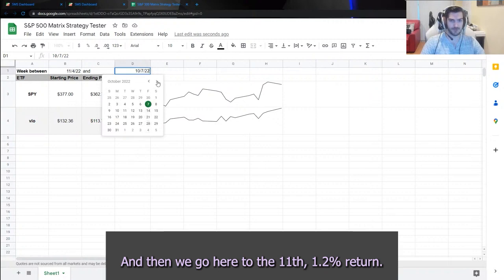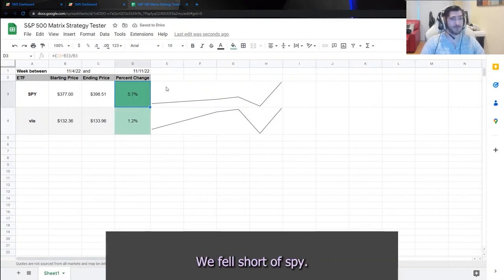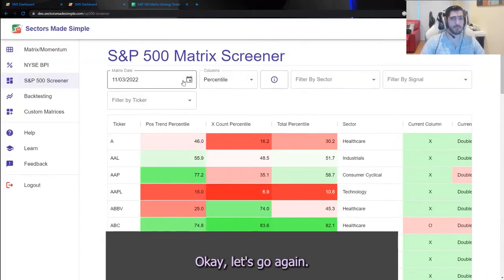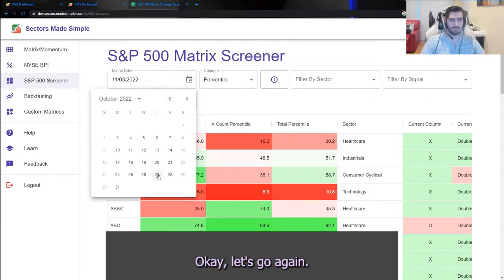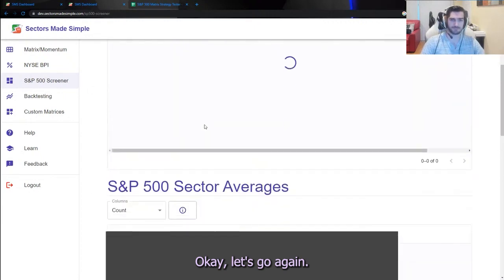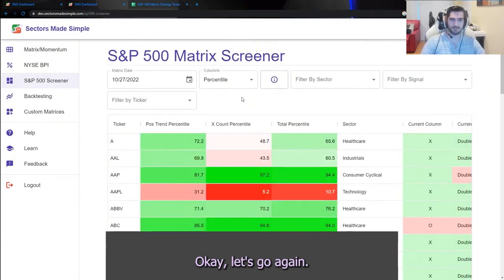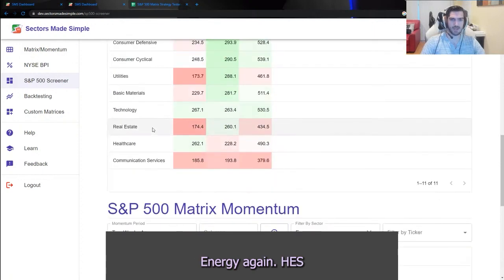And then we go here to the 11th. 1.2% return. We fell short of SPY. Okay. Let's go again. Energy again.